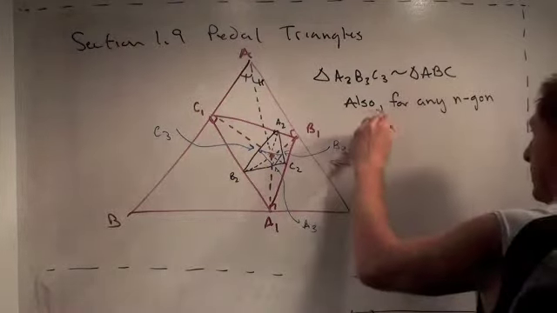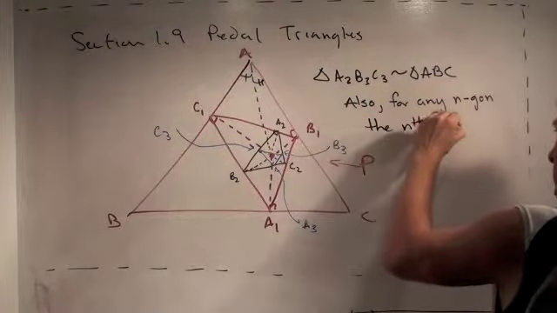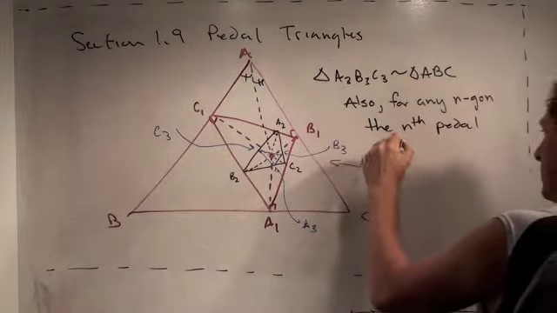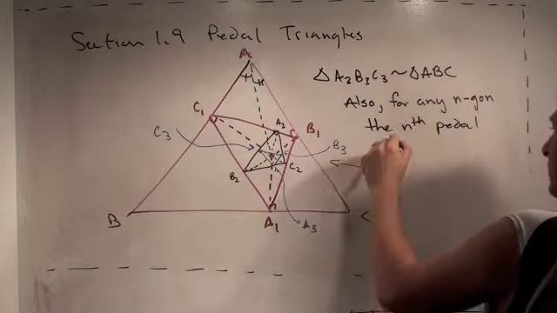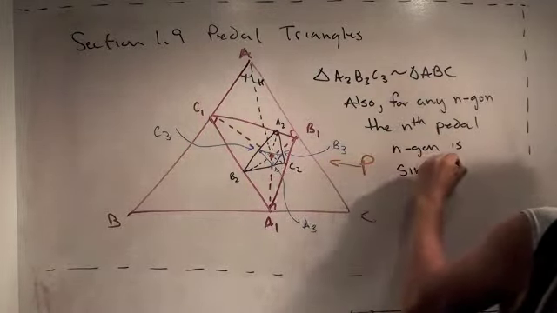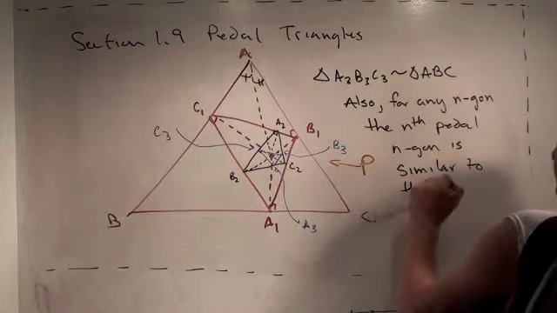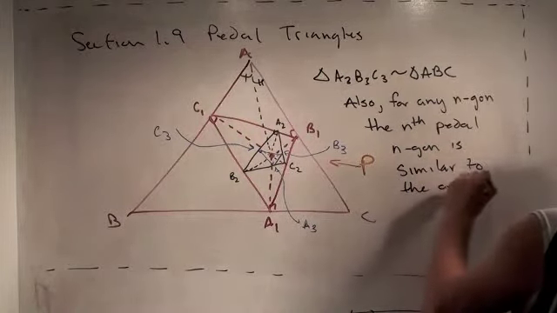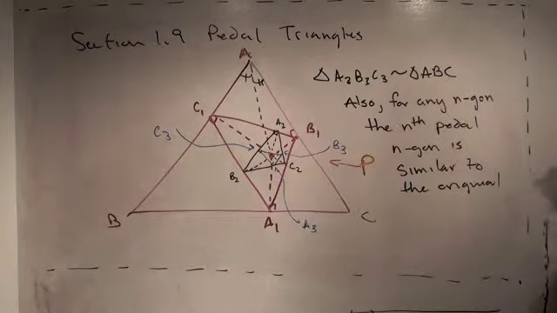The nth petal n-gon, I don't even know what they call it, is similar to the original, which is a pretty remarkable theorem. They just mention that. I think they give a reference in the book. They do suggest that you try to show for a quadrilateral that that's true, and that's probably an interesting exercise, although I admit I didn't do it.